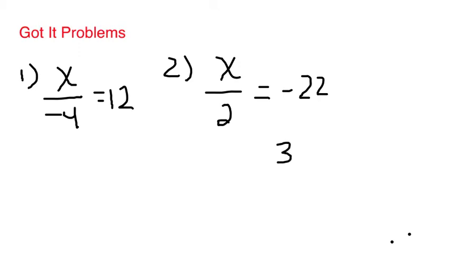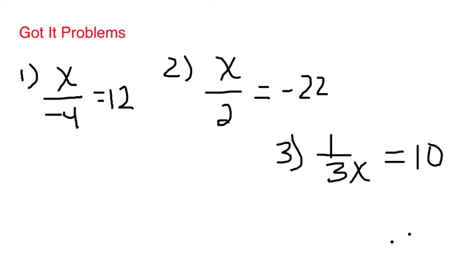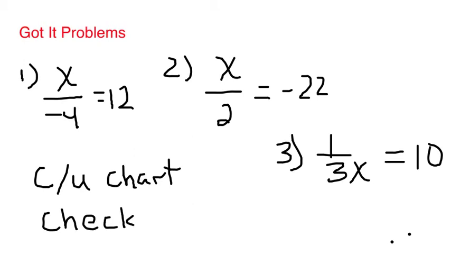I'm going to write it down here. 1/3 x equals 10. Okay? I want you to do a clue undo chart, and I want you to check your answers. Make sure you do both of those, and then we will check what you have when we look at these tomorrow. Good luck with your got it problems.